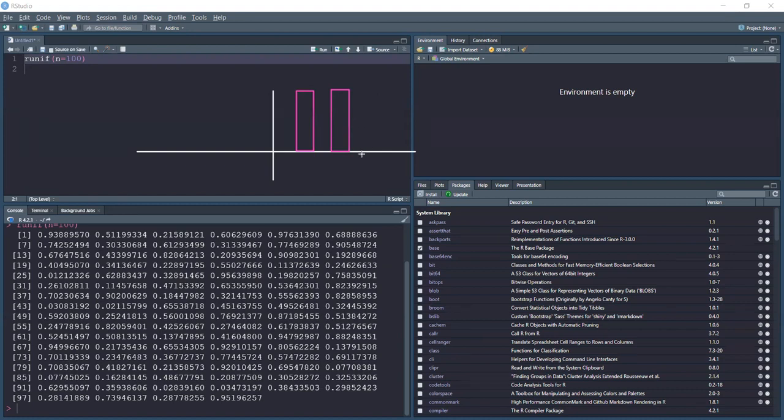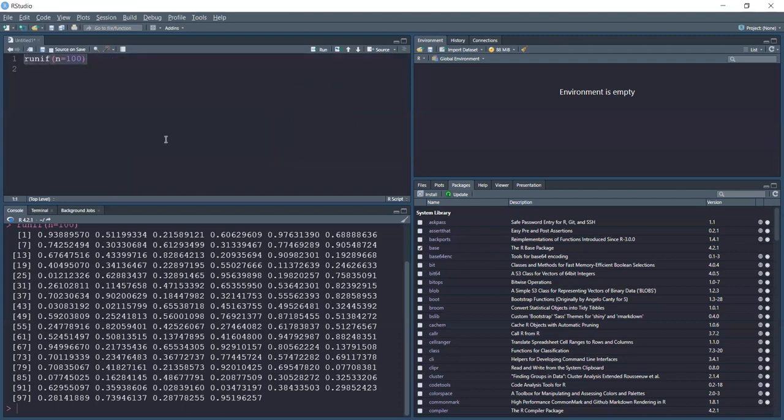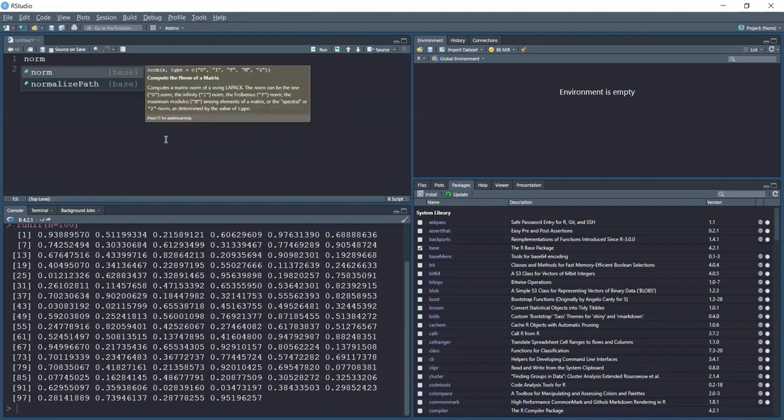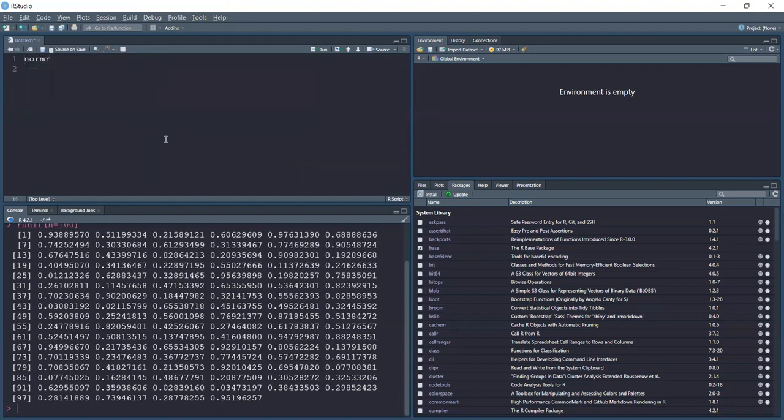It's a discrete uniform distribution in the sense that there are only a finite number of outcomes. It's not continuous. Now, the error term very often is not a uniform distribution, but what we call a normal distribution.